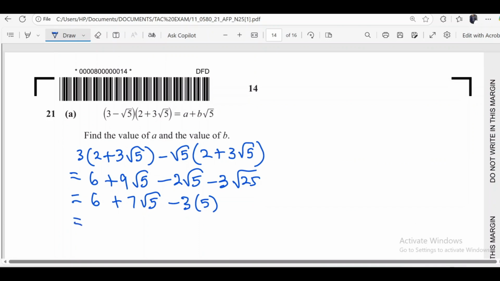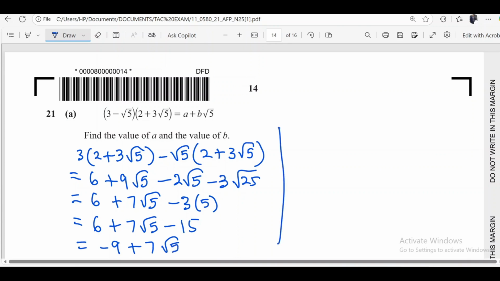So this is going to give us 6 plus 7 √5 minus 15, which is 6 minus 15 is minus 9, plus 7 √5. Compare this with what we have here. You'll see that A is minus 9 and B is 7.